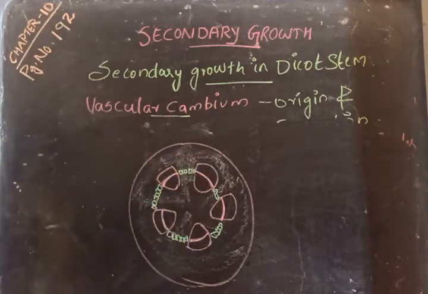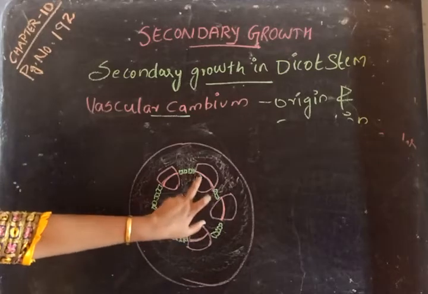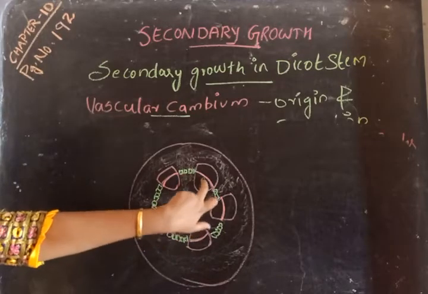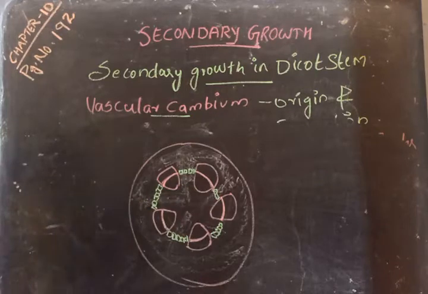So, the parenchymatous cells in the medullary rays become in line with the vascular cambium inside every vascular bundle. This cambium is called interfascicular cambium.